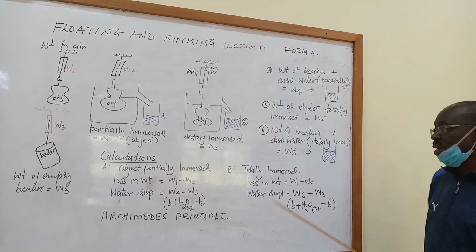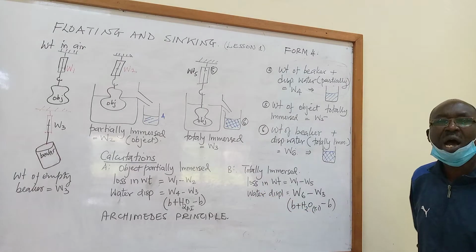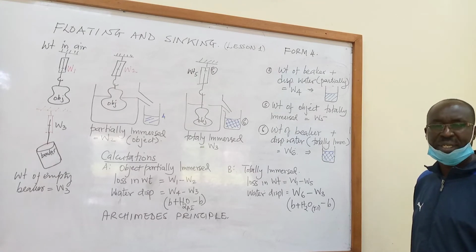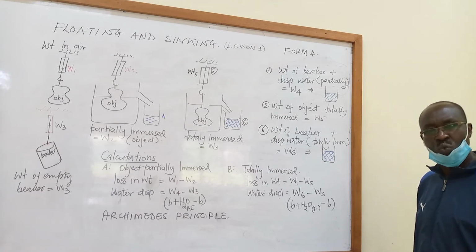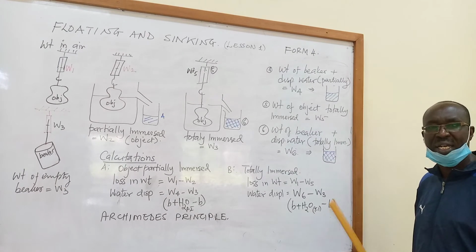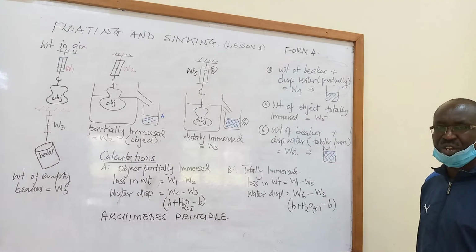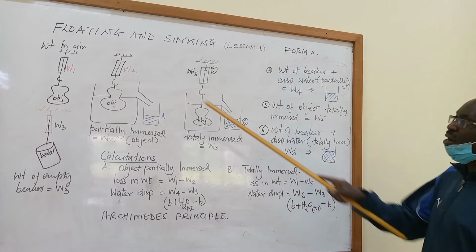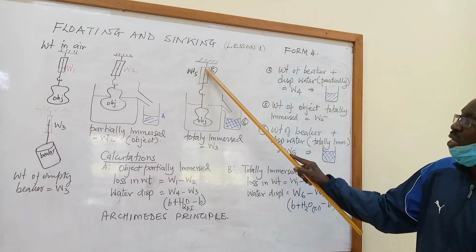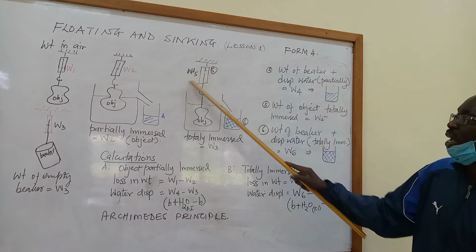So number 1, what is the apparent loss in weight? Apparent loss in weight is always weight in air minus weight in that particular scenario. So I have weight in air, subtract what is shown on this spring.